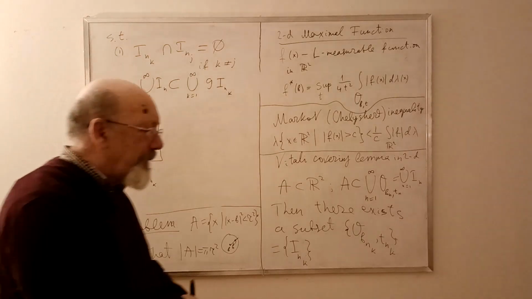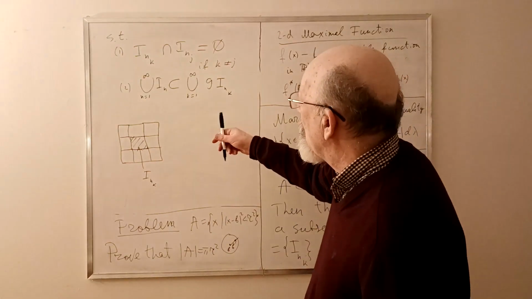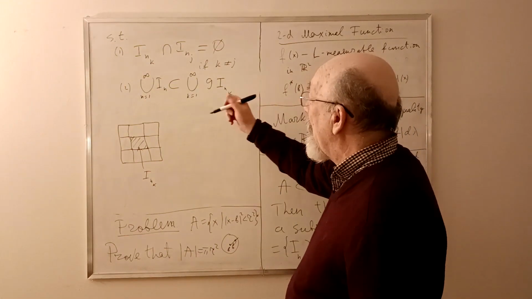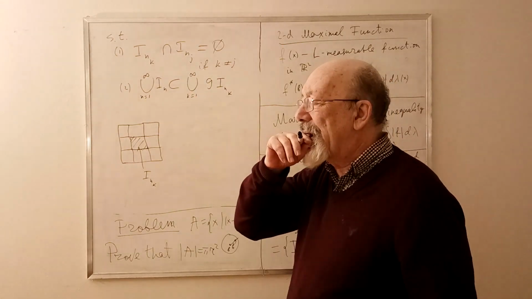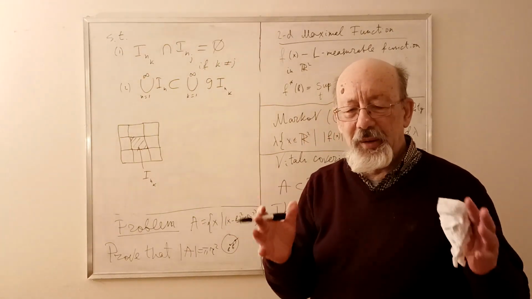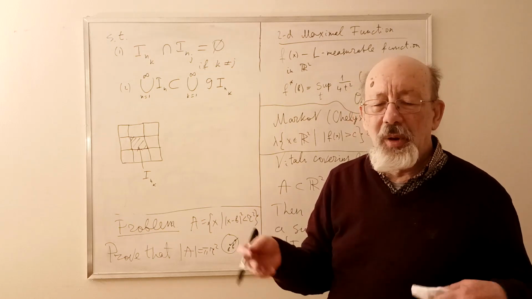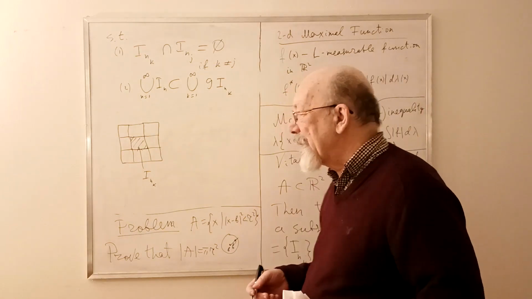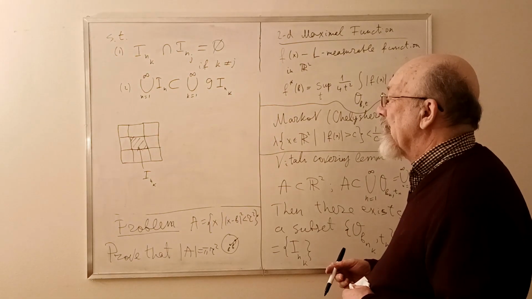And the idea of the proof is the same. First of all, we take I1. Now, suppose that everything happens inside a unit square. I don't want to disperse myself to unnecessary details. Consider a unit square.